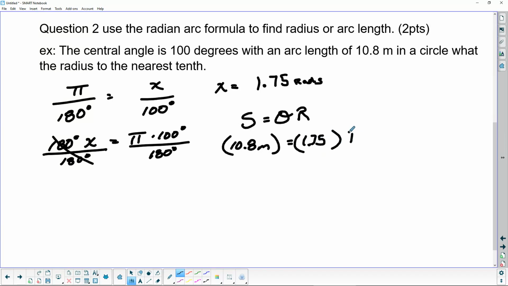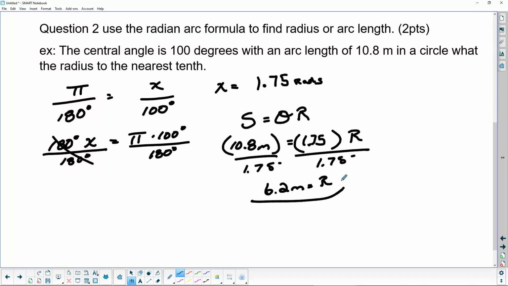And we're going to look for R. So we're going to divide out on both sides. 10.8 divided by 1.75, and then we round to the nearest tenth. 6.17, so 6.2 meters. There's our radius. Again, it comes from the first hand in. Many of you, if not all of you, did well on that question as well. So that's that one.